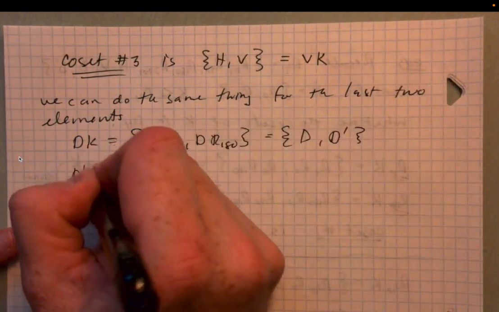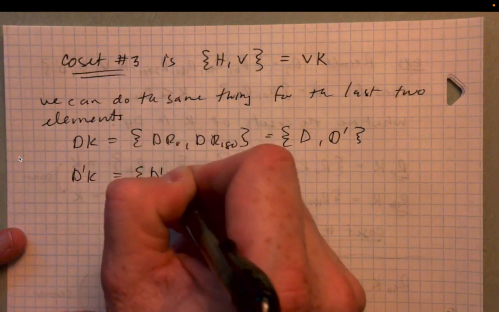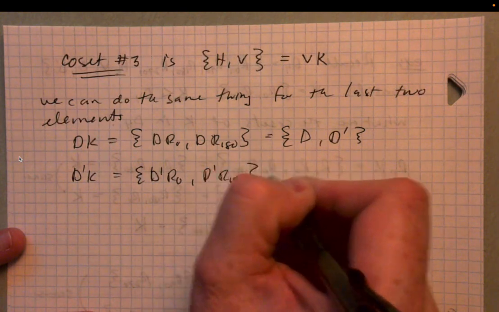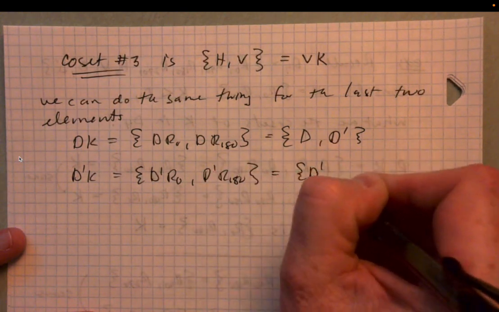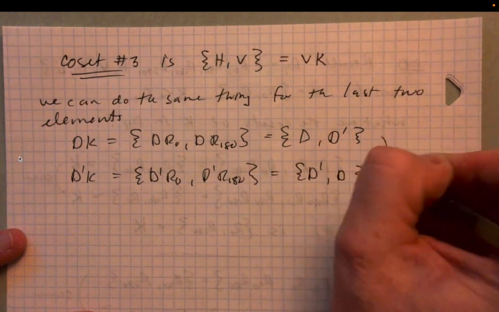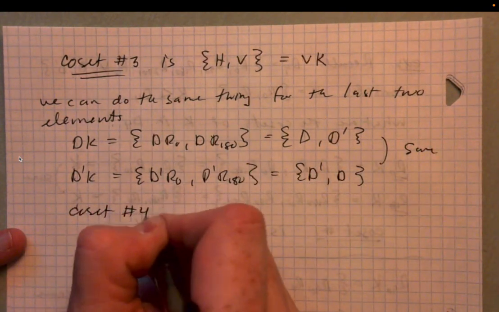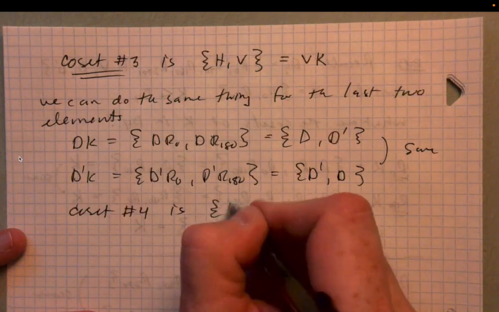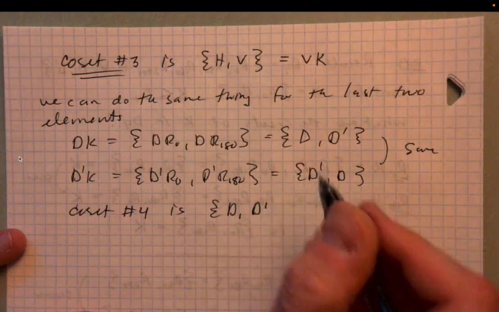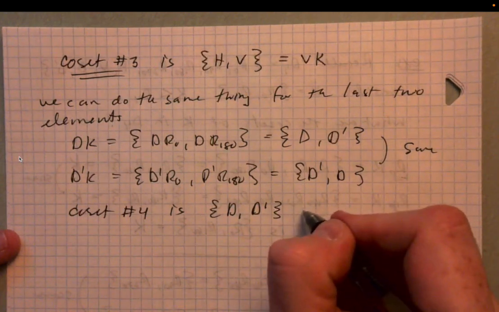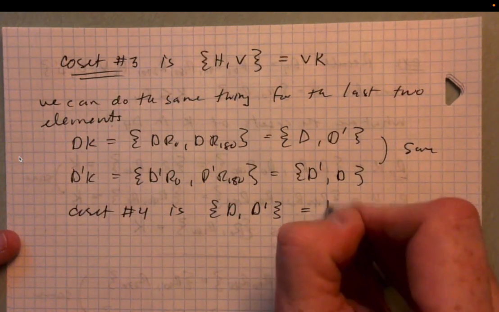And then d prime k is d prime r0, d prime r180, and here again, you would see that this is d prime d, right? These are the same. And so coset number 4 is d prime, and we can call it what we want, dk, d prime k. I'm going to call it dk. Okay?